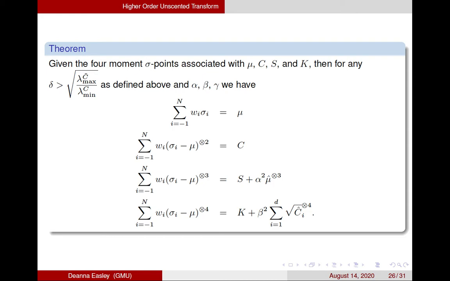With these 4 moment sigma points, we indeed have our empirical mean and empirical covariance match exactly the mean and covariance, and the empirical skewness and empirical kurtosis approximate the skewness and kurtosis respectively, up to an error term that can be made arbitrarily small.